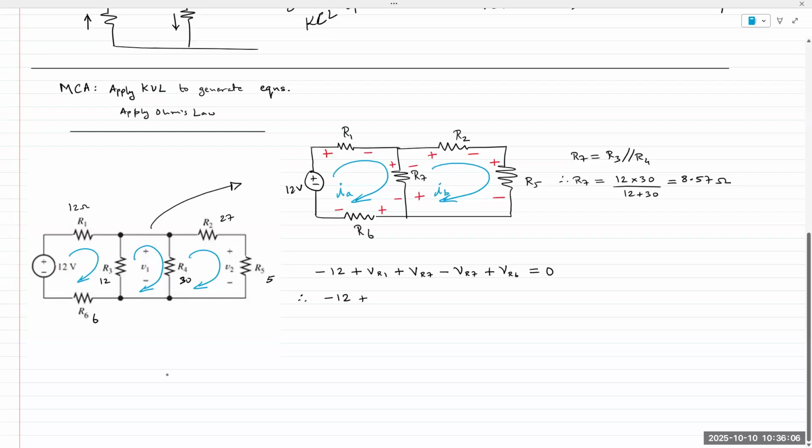It's minus 12 plus, now we apply Ohm's law. So IA times R1 plus IA times R7 minus IB times R7 plus IA times R6 equals 0. And that's how you would write the expression.